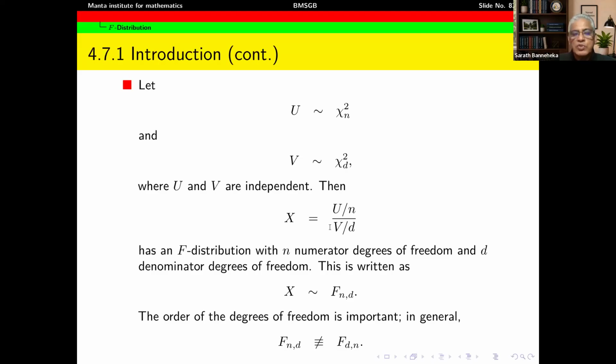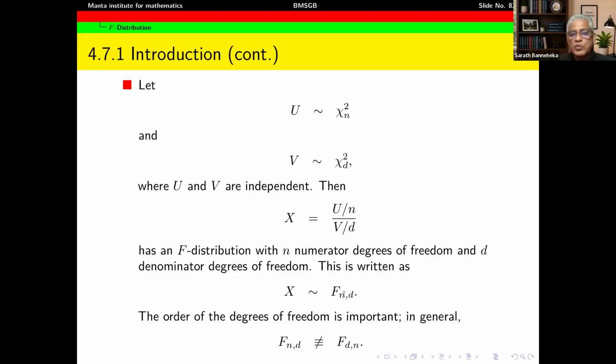That distribution is called the F distribution with N numerator degrees of freedom and D denominator degrees of freedom. We usually denote this in short as X has an F_{N,D} distribution.